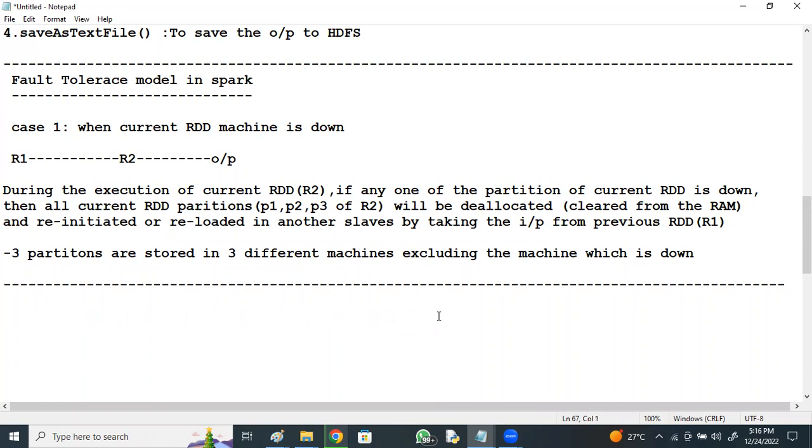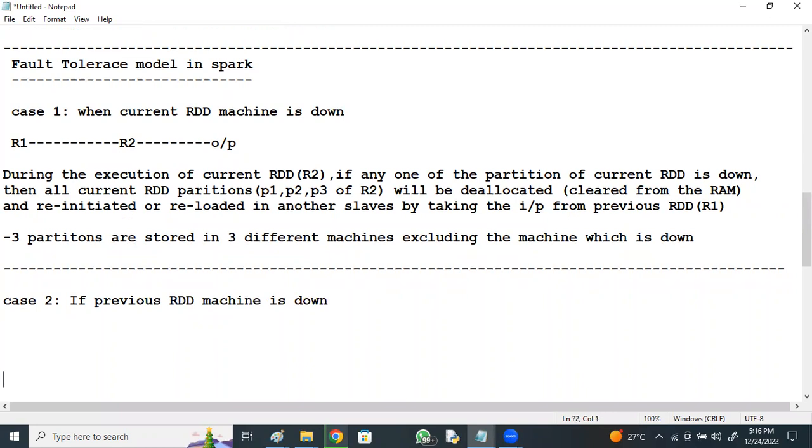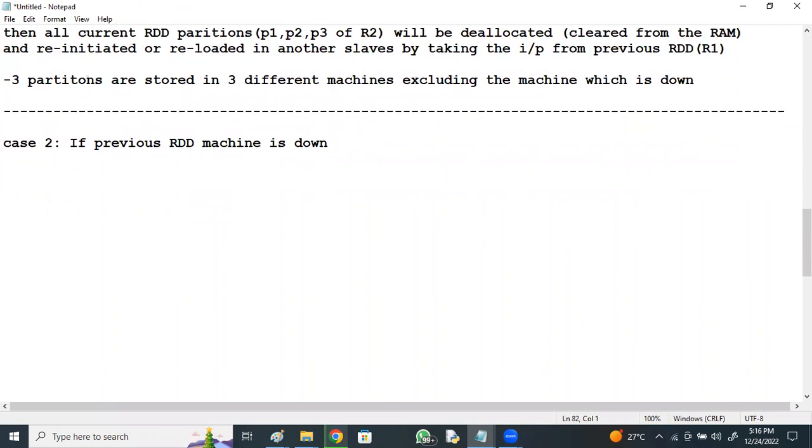Case 2, observe this case 2. If a previous RDD machine is down, try to understand the query first.